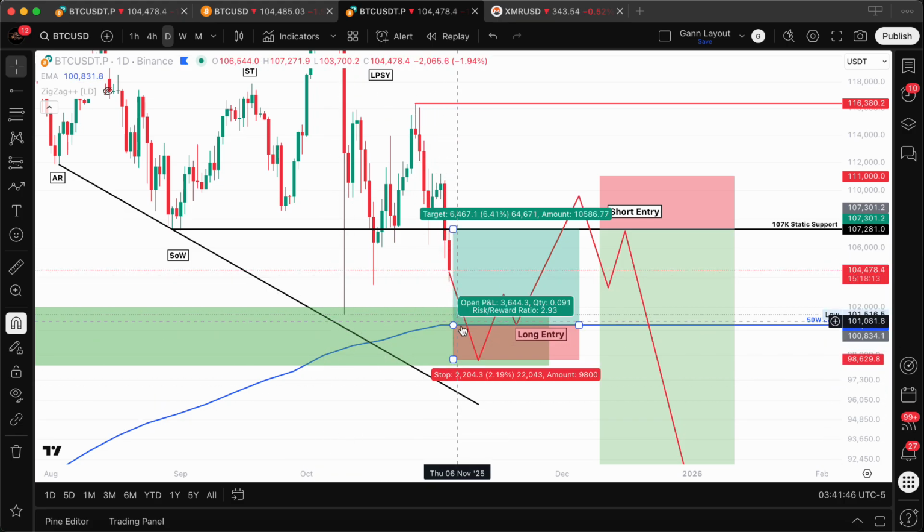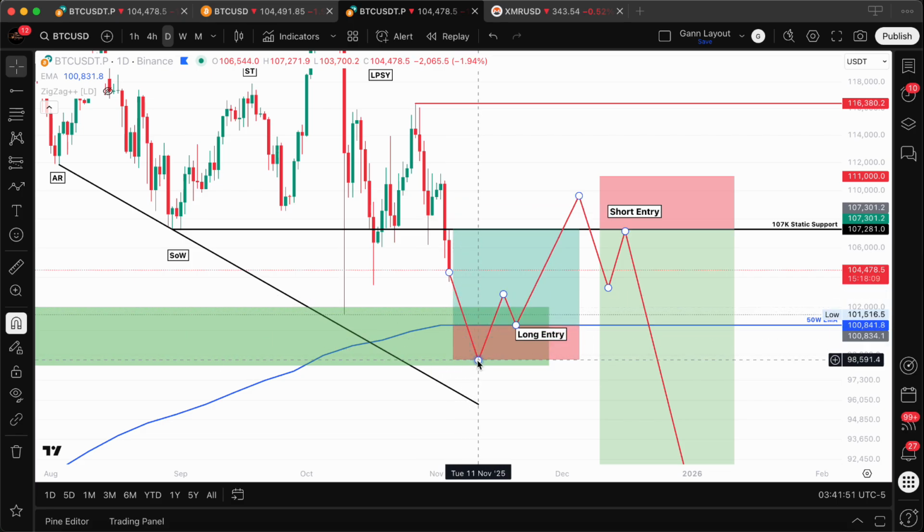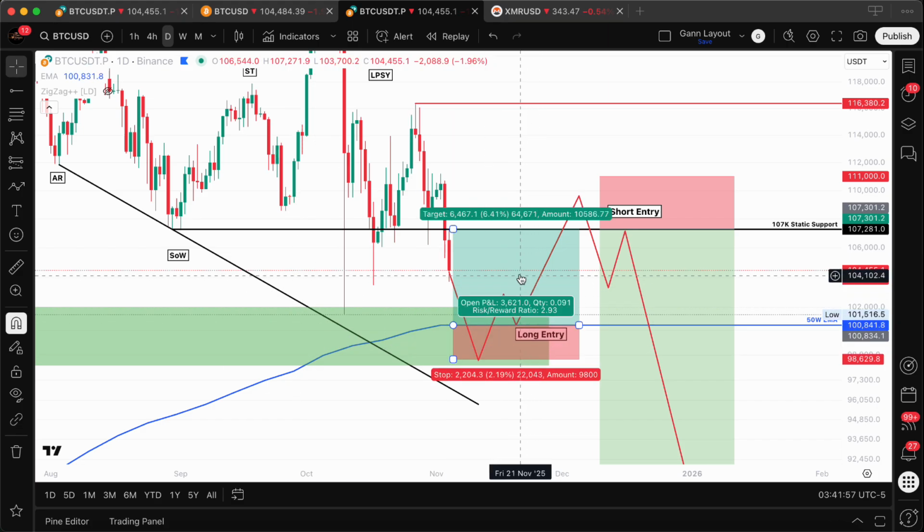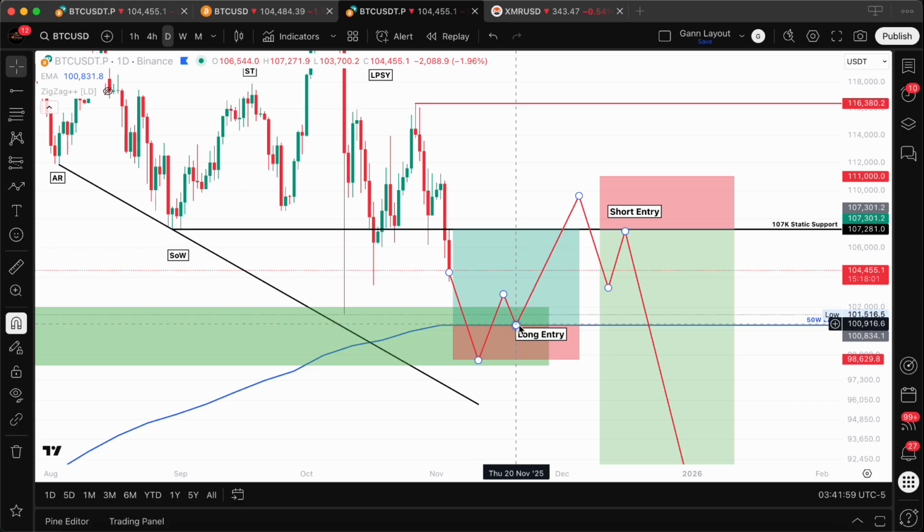But if I see Bitcoin getting to the 50-week EMA, possibly slightly below it, reclaiming the 50-week EMA and the retest, this is when I will take the long trade with the stop loss below the previous low, and I will take profit at 108K and get ready to add to my short position.